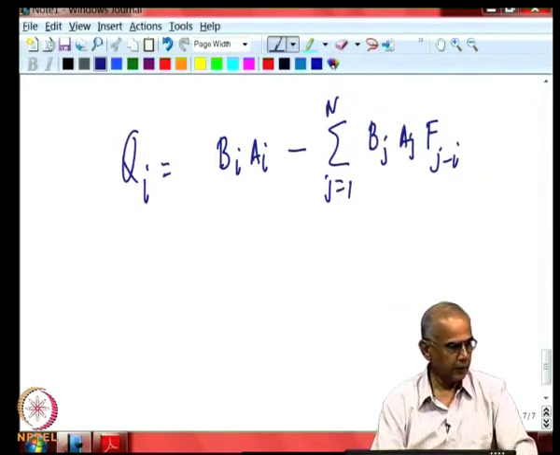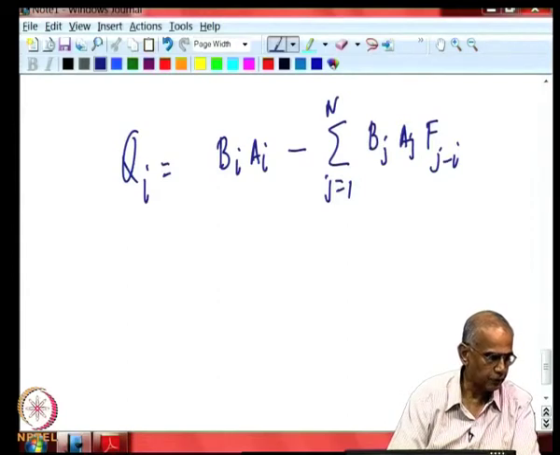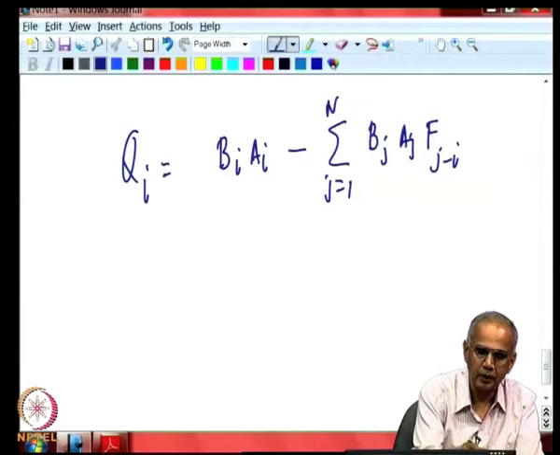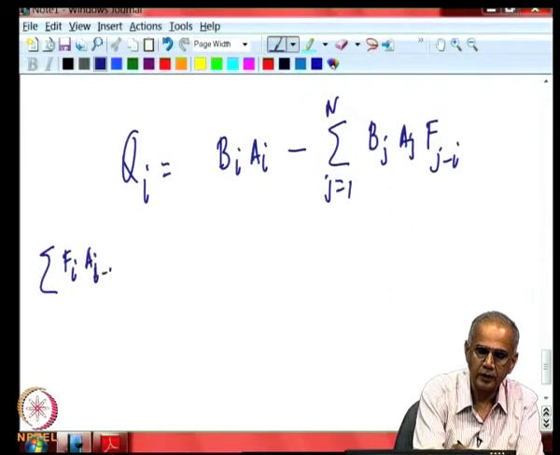Okay. Like we did earlier for the case of black surfaces, you can multiply up and down by 1 here, which is sigma F_ij, j equal to 1 to n. This is equal to 1, we know that.